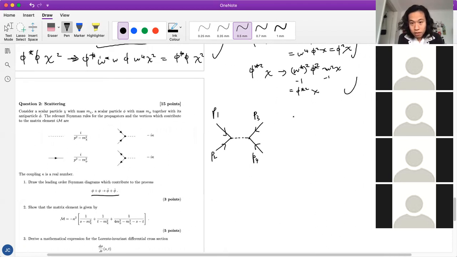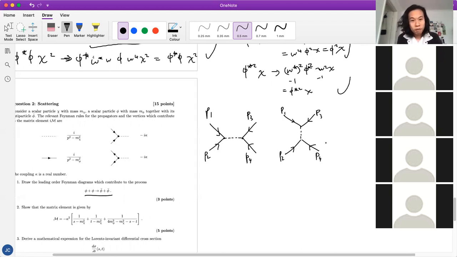And then you can also have the T channel. Again, two particles going in, P1, P2, and then P3, P4. And because the end state particles are identical, we do have to worry about a U channel where we can swap the end particles, because there's no way to distinguish them. So you don't know which vertex they came from.